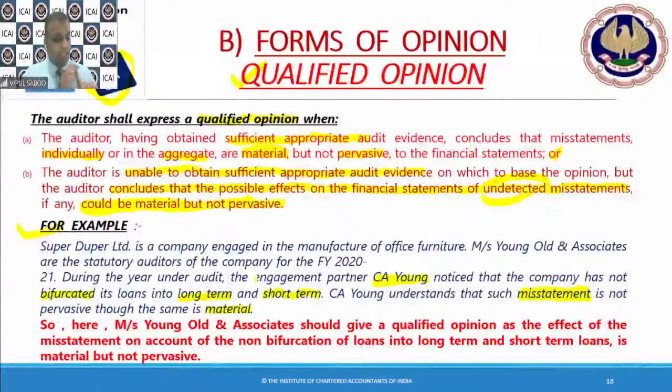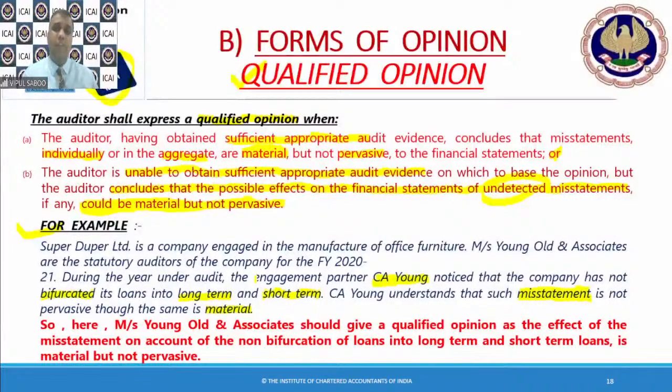But if I take care of it over here only, I'll give a qualified opinion. Pervasive means I'm not letting it spread to the whole body; I've kept it over here only, applying medicine and everything. It is material. If I don't take care of it, it might spread. But if there is some serious infection spreading in my whole body, that is pervasive.